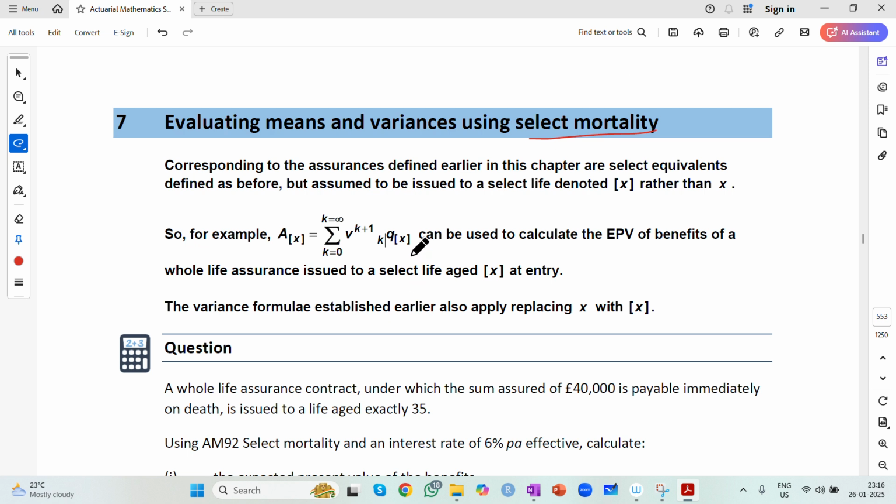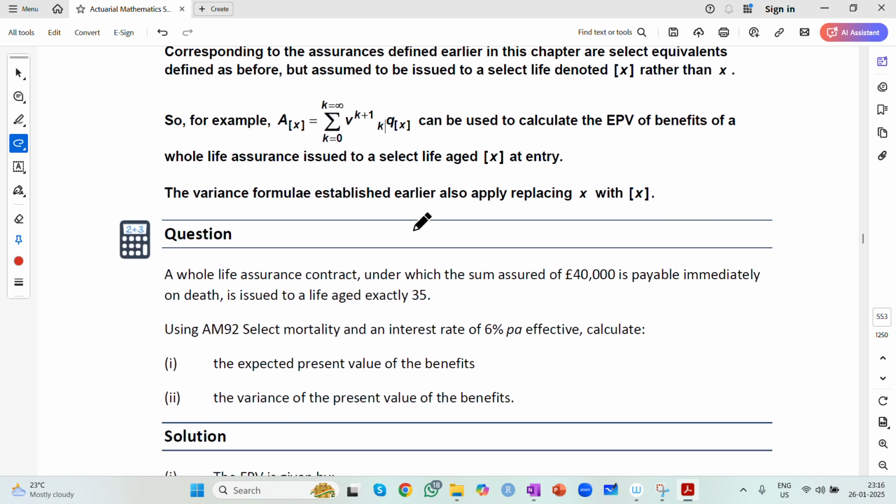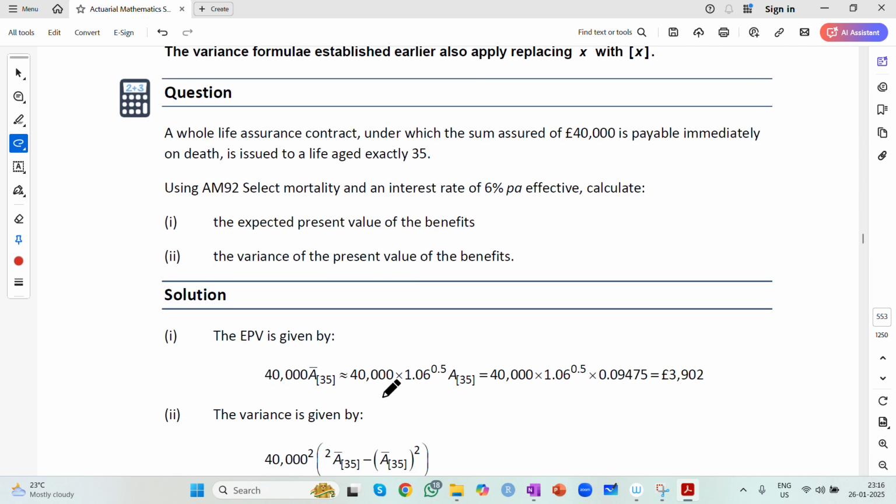So the only thing is that you just use the select mortality table, the columns from this select mortality table. There's nothing great. The box has to be used. This is directly available in the formula book. And then we apply the claim acceleration principle.